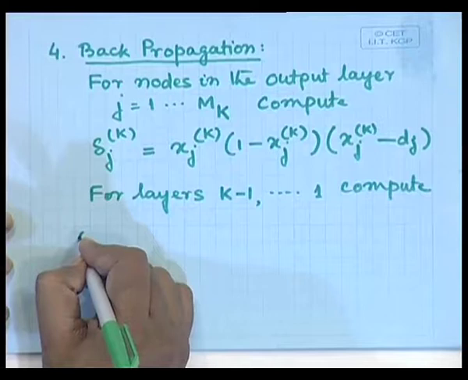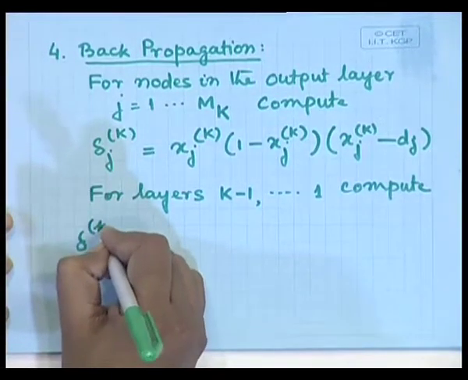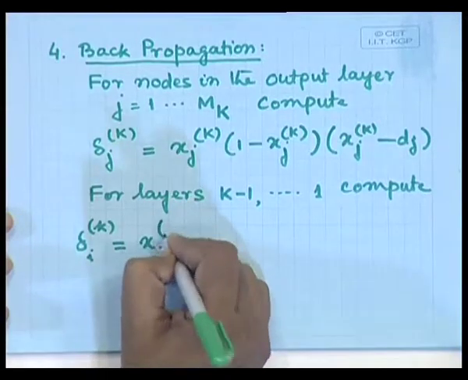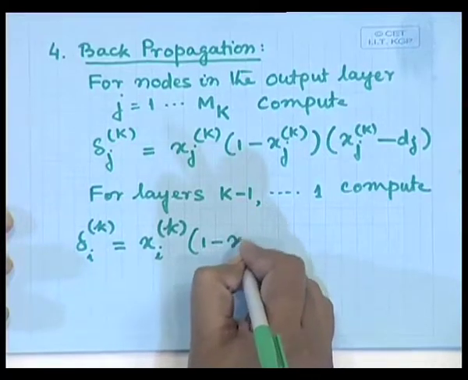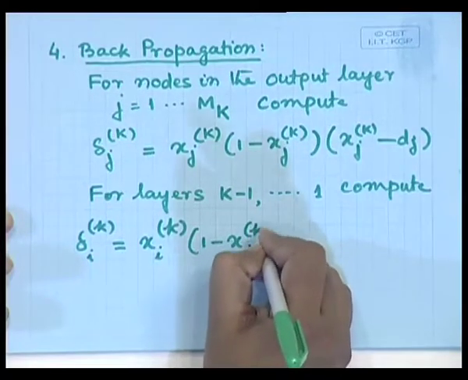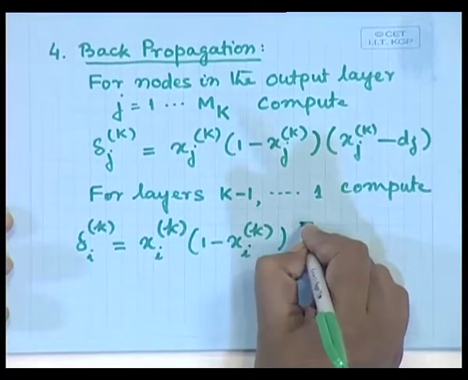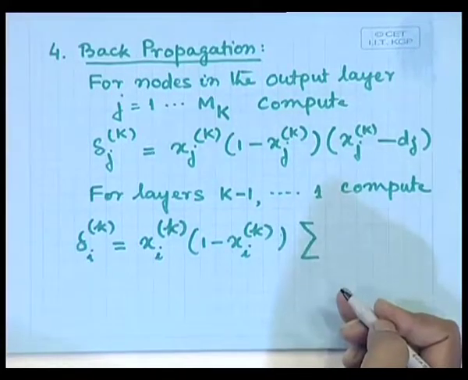So, here we say delta I k will be equal to x I k into 1 minus x I k. Then I have to have this summation term, because I have the contribution of various nodes leading to this particular error.